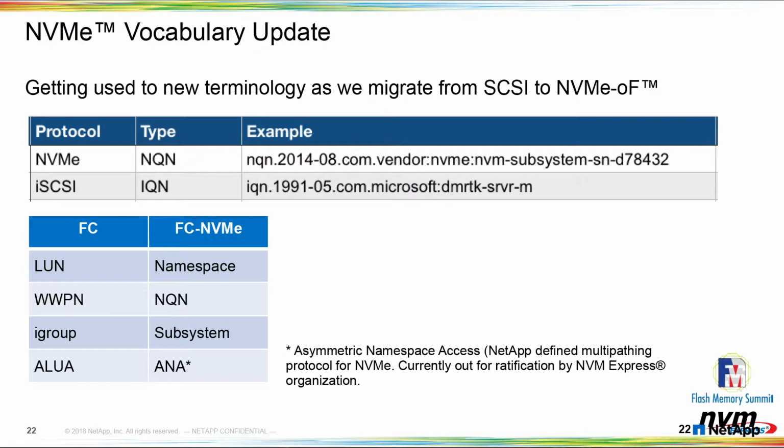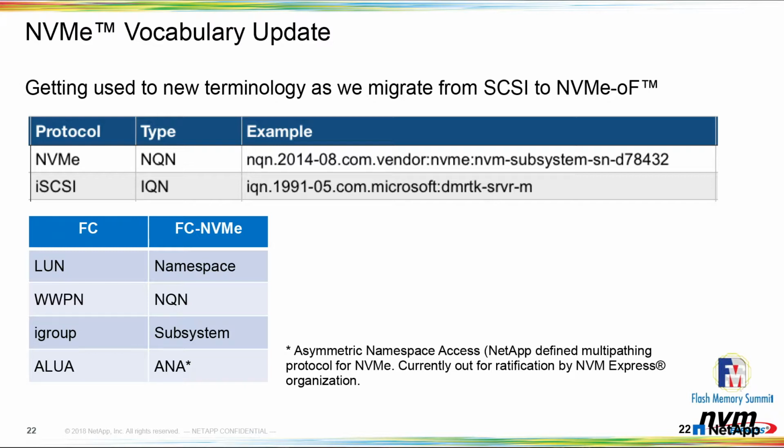Part of this shift, of course, is new technology. This is probably second hand to some of you, but we're moving to a world of namespaces. And I want to mention, by the way, that the change from ALUA to asymmetric namespace access, ANA, is something that is in process.